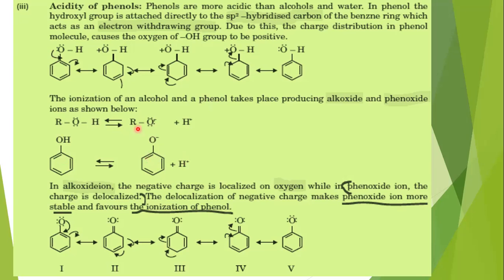So in alkoxide ion, the negative charge is localized on oxygen, but in phenoxide, the negative charge is delocalized. This delocalization of negative charge makes phenoxide ion more stable and favors the ionization of phenol.